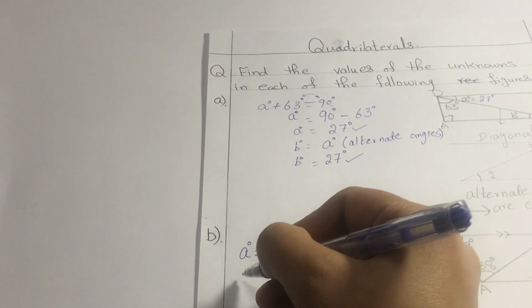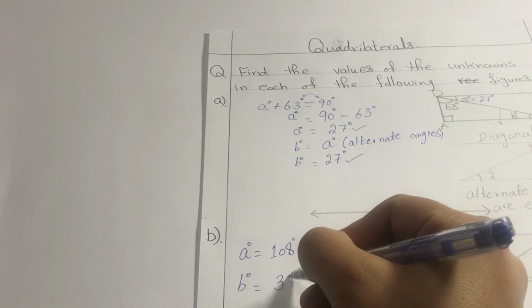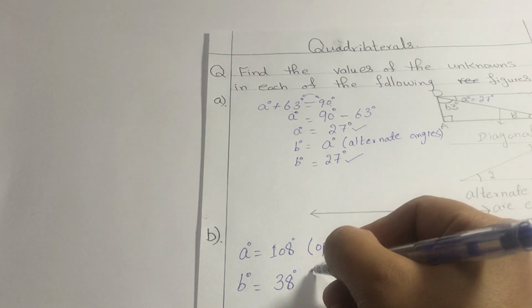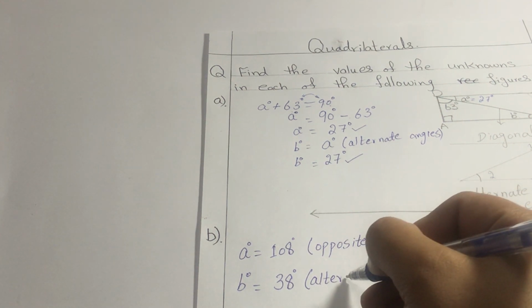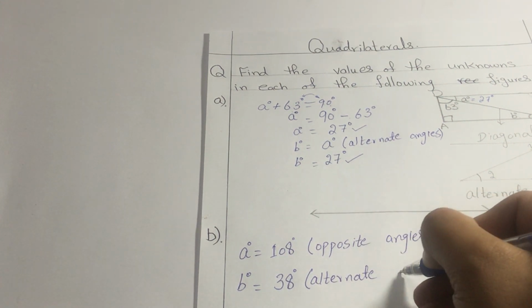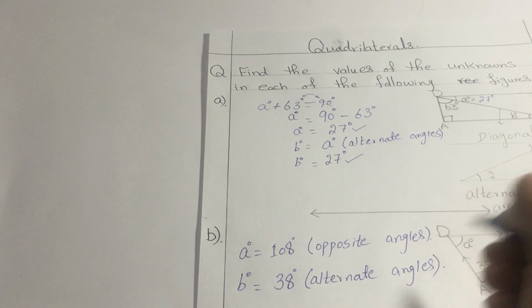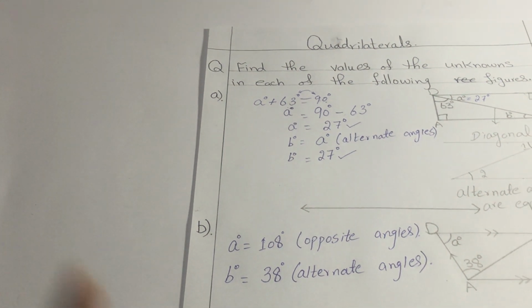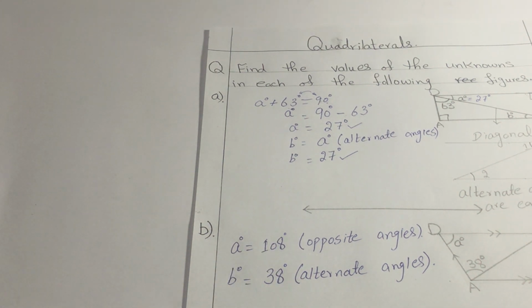So B degrees would be equal to 38 degrees. Why? Because these two are alternate angles. So we have found our unknown angles, and hope you have understood these two.